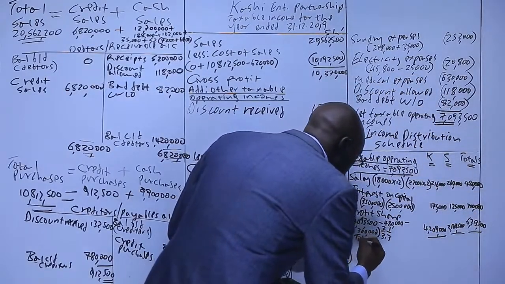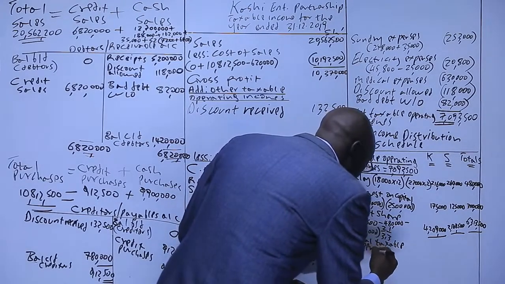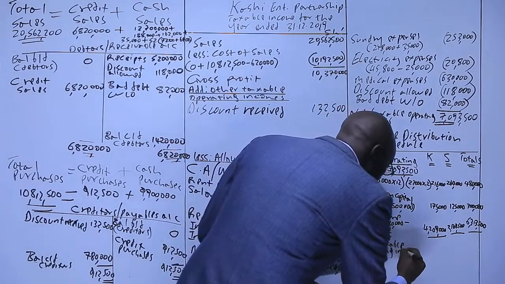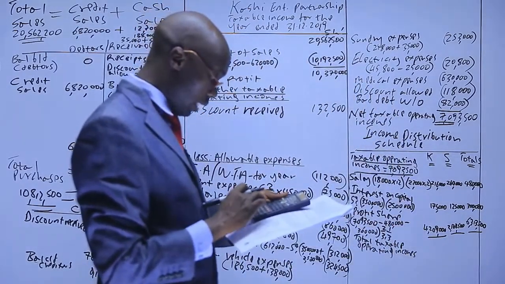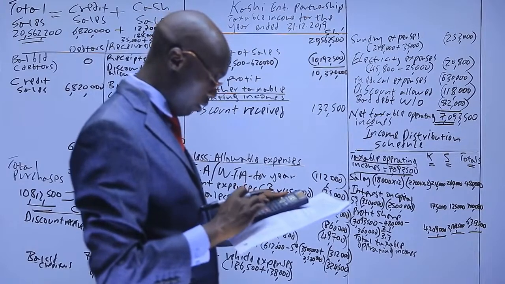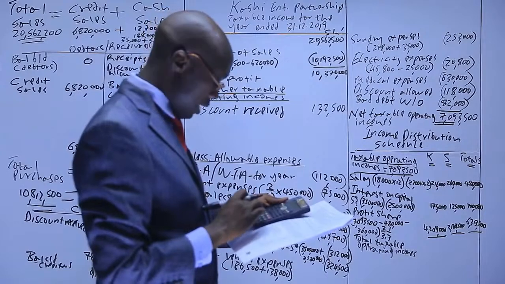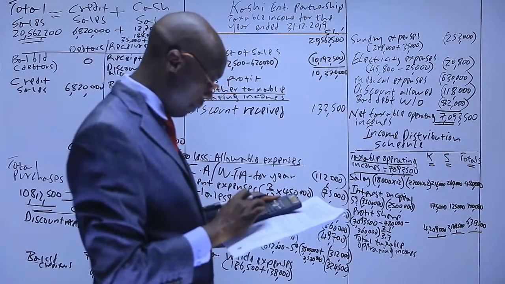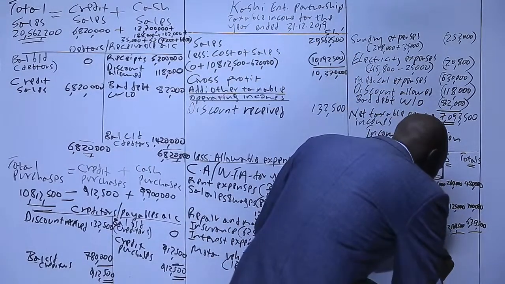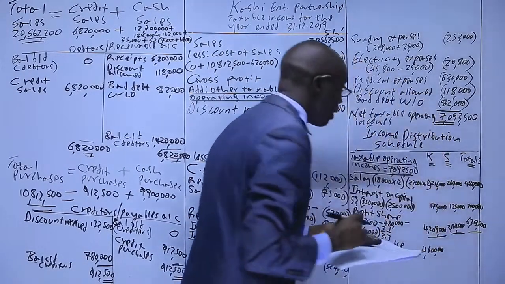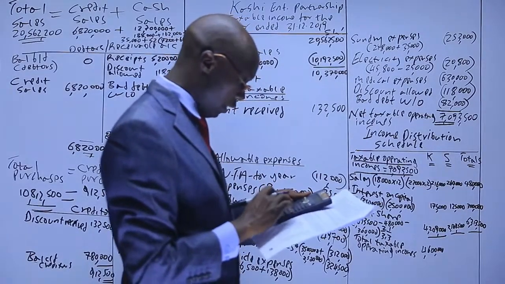And now we can get the total taxable operating income. So for Karimu, it will be 216,000. We add 175,000. We add 4,209,000, which gives us 4,600,000. The other one will be 264,000. We add 125,000.